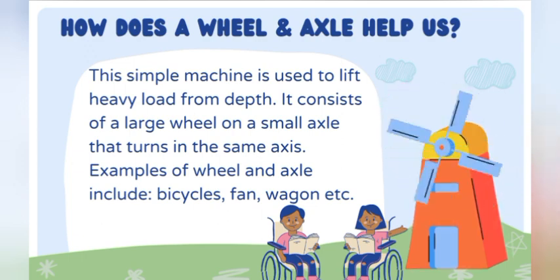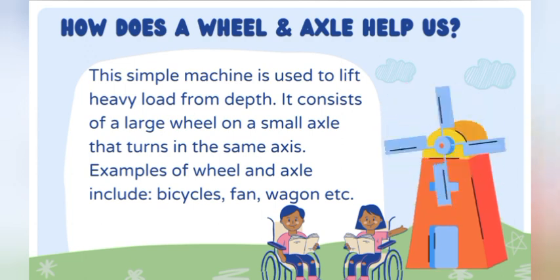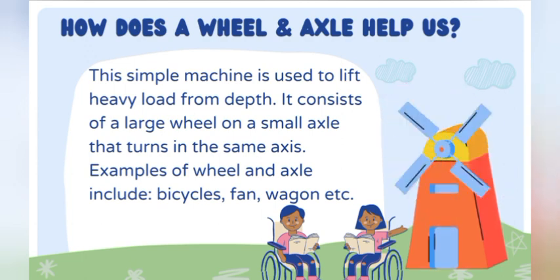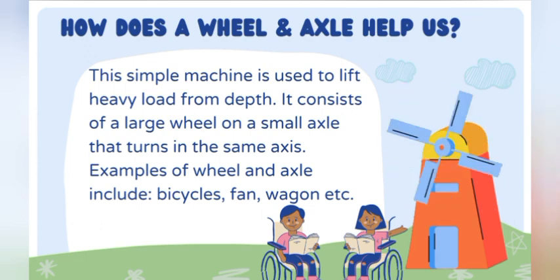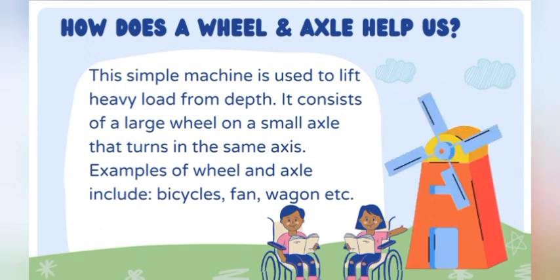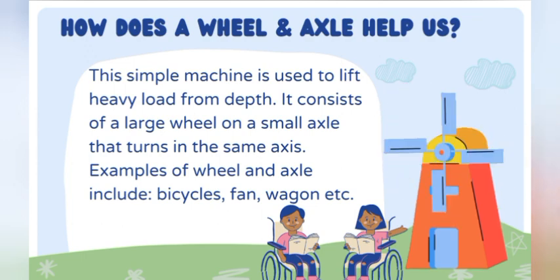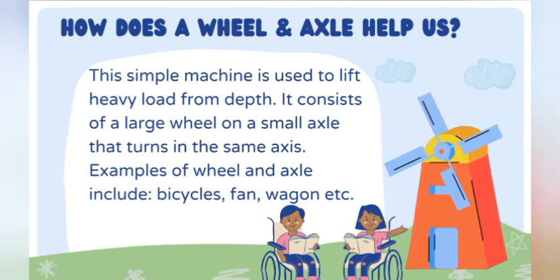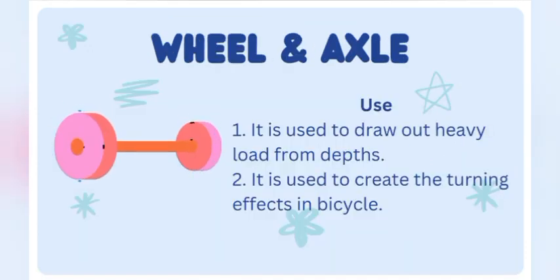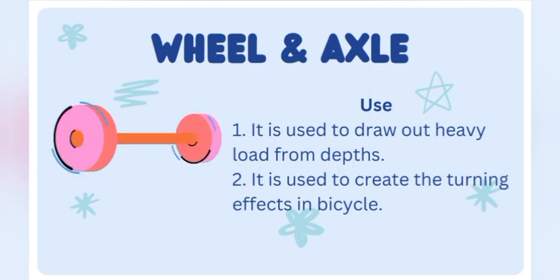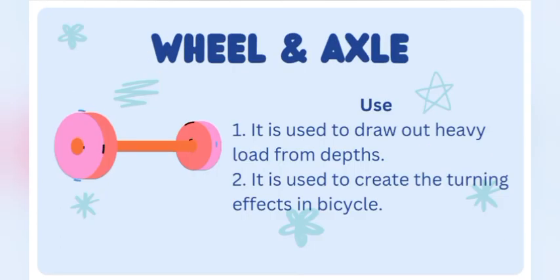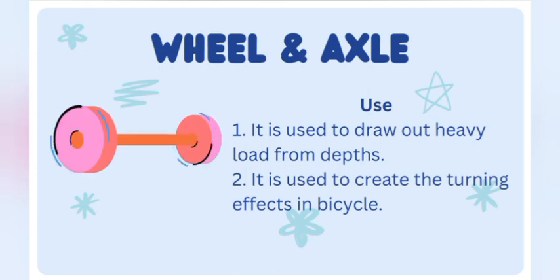Examples of wheel and axle include bicycles, fan, and wagon. You can use it to draw out heavy load from depths, and you can use it to create turning effects in a bicycle. That's your wheel and axle. You can use it to lift objects from depths to heights.